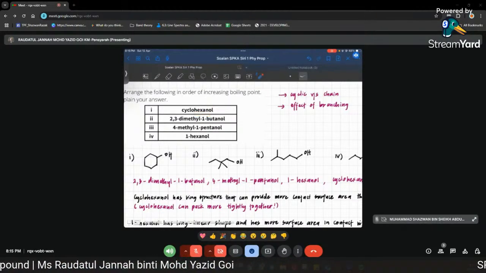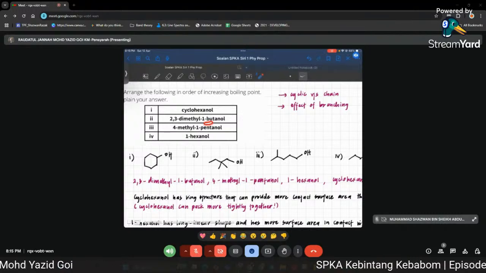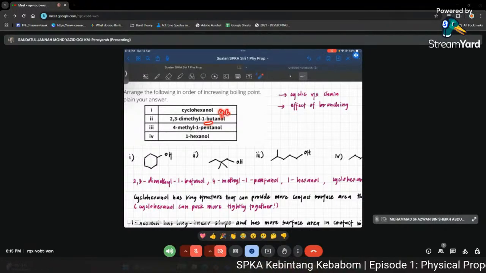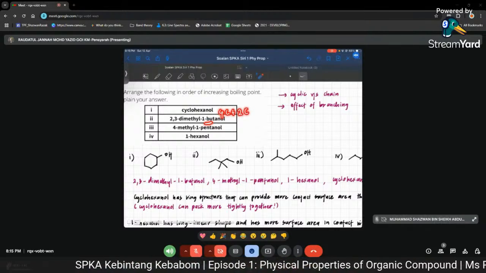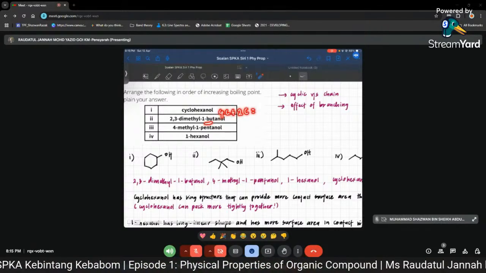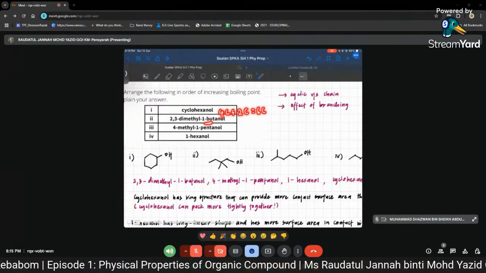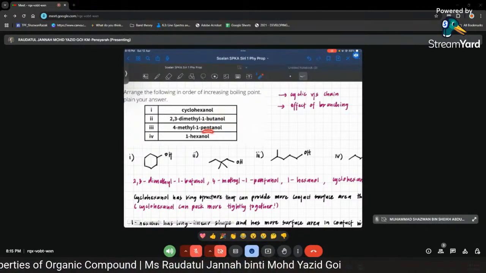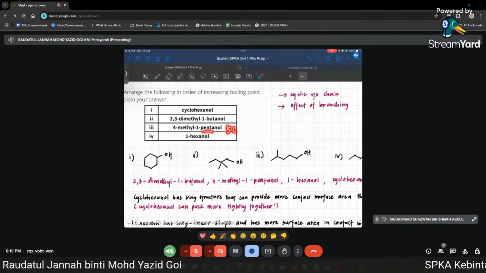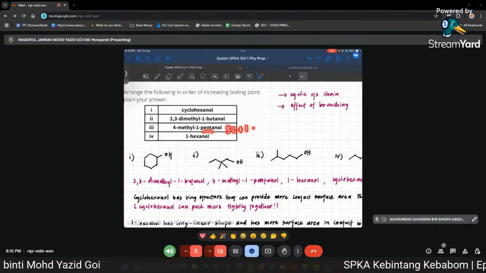Untuk 2,3-dimethyl-1-butanol, kita ada butanol, so means you ada 4 carbon here, and then 2,3-dimethyl means kita akan tambah 2 carbon. So by that, you akan ada 6 carbon juga in total. So untuk 4-methyl-1-pentanol, pentanol means you ada 5 carbon here, and then kita akan ada satu substituent methyl group dekat carbon nombor 4. So 5 campur 1, 6.